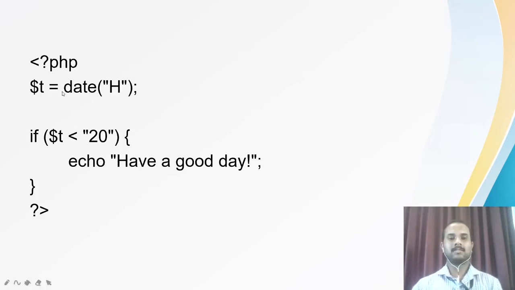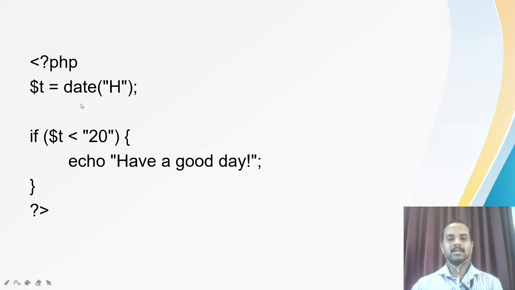This is one simple program where I am using the date function and t as my variable. With the date function, you can get the date and the time. Here h represents hours.